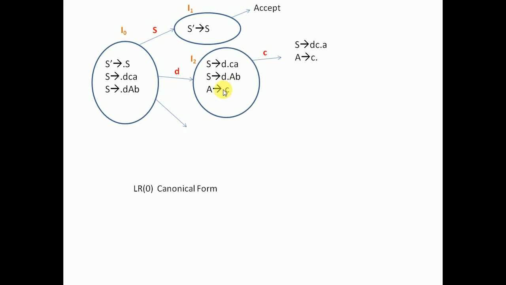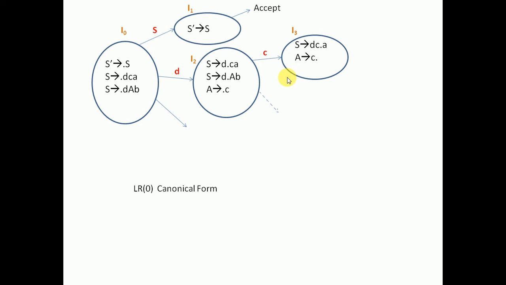You can also move over small c, giving A derives c dot. This creates non-determinism, so we have to combine the productions that move on the same symbol: S derives d c dot A and A derives c dot, both over small c, combined in a single state. The second one is not similar, so we write it separately.